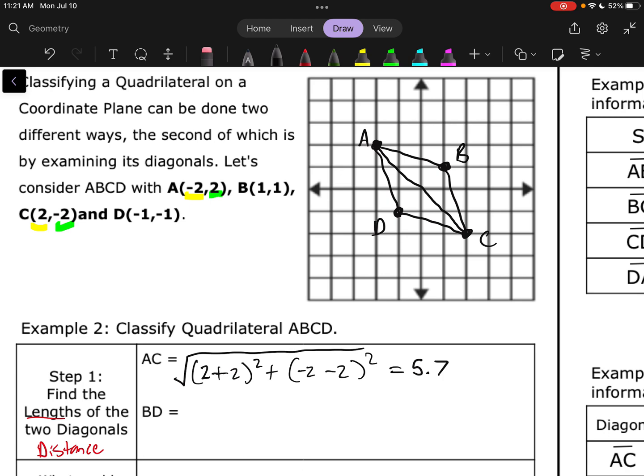Now for BD, let's see here. BD, we're going to be using 1 and -1 for our x's. We're going to be using 1 and -1 for our y's also. So this would be -1 minus 1 and -1 minus 1. I'm getting 2.8. And that's going this way.